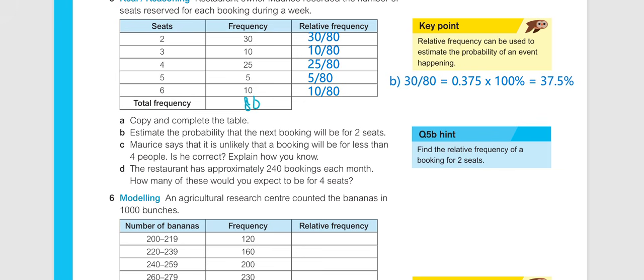Okay, so next question, it says, Maurice says that it is unlikely that a booking will be for less than 4 people. Is he correct? How do you know it? They are asking you to explain it, right?